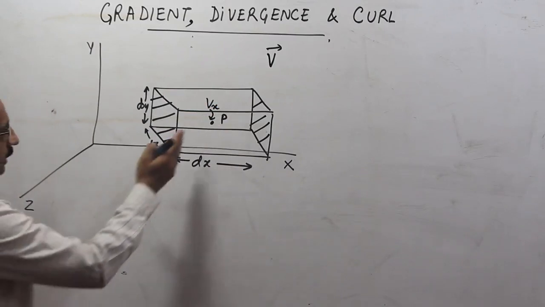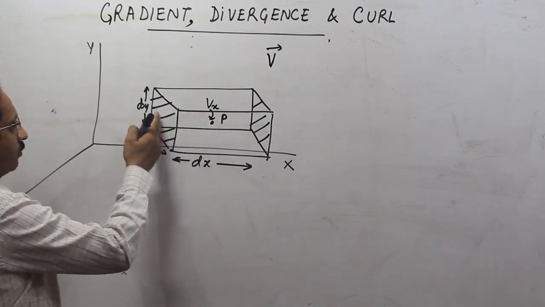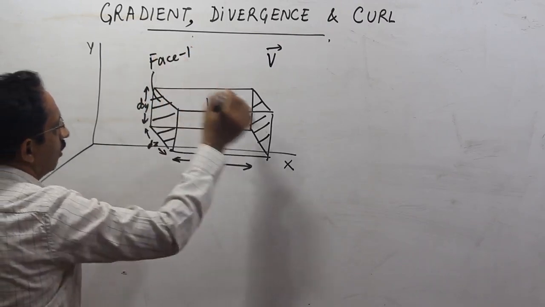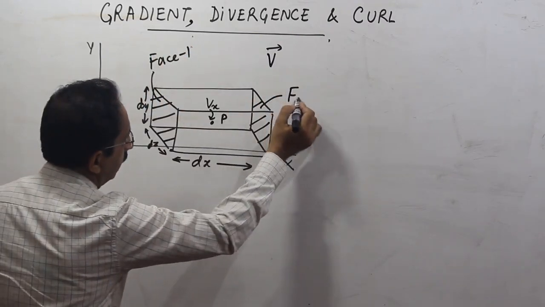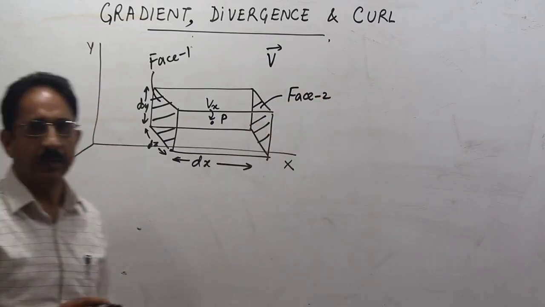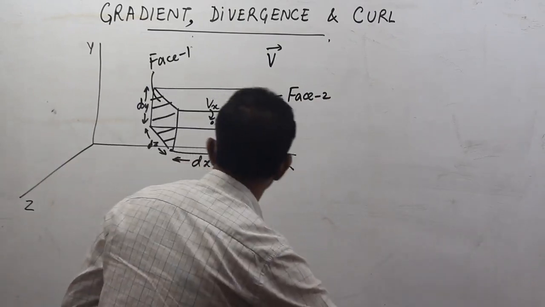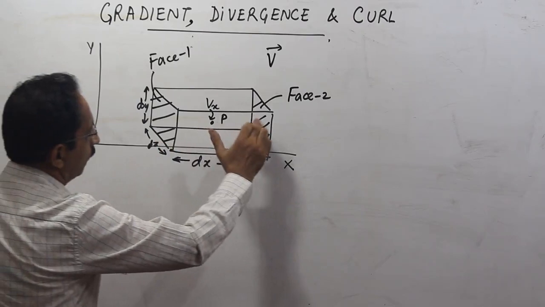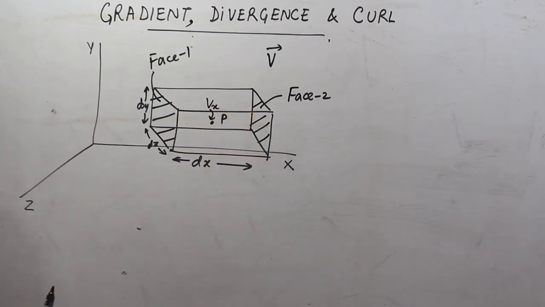So you will agree with me that if I go beyond this point to the left and I touch face 1, ये इसका face 1 है, और ये इस small volume का face 2 है, the value of velocity at face 1 will not be the same as vx. It will be slightly different, and if I go forward, it will be slightly different.